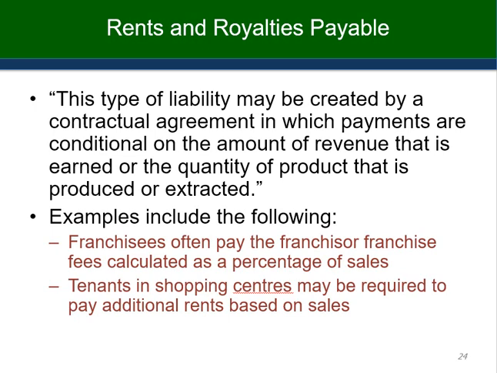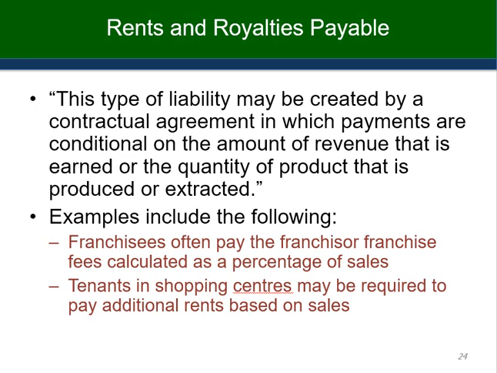That would also include franchisees and tenants based on the terms of the contract. For that obligation, you'd have to calculate the amount of franchise fees owed at the end of the year, usually a percentage of sales or some other specified term in the franchise agreement. That obligation would be recorded at the end of the year at the balance sheet date. Tenants in shopping centers often have to pay based on the amount of sales.